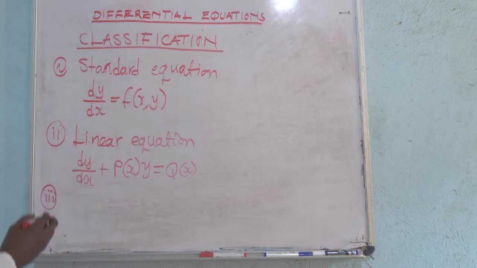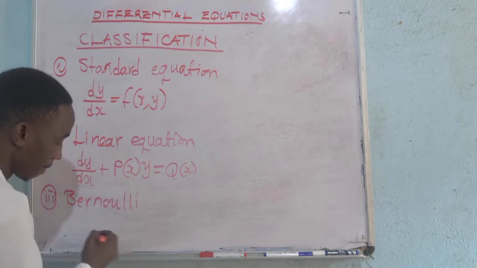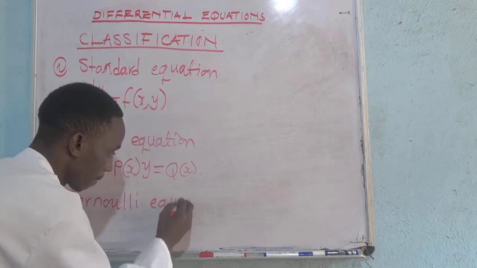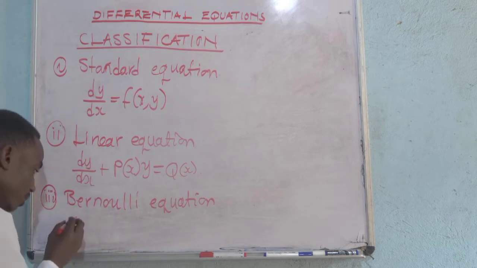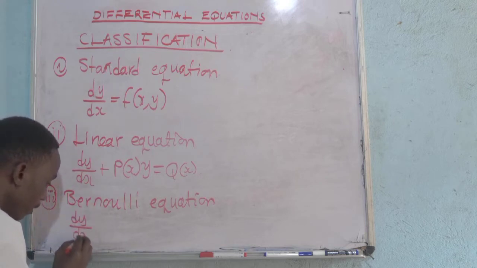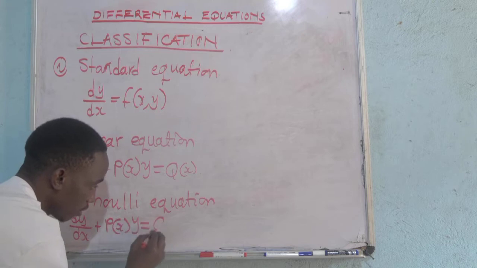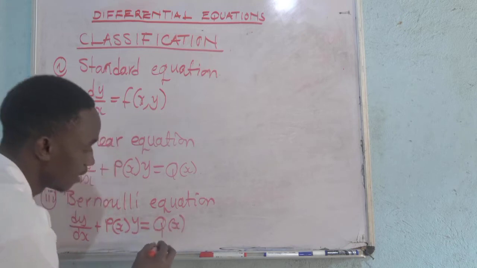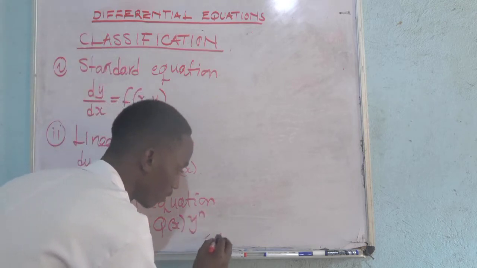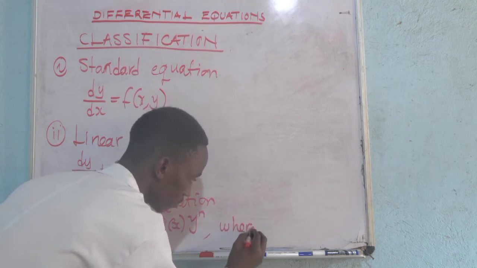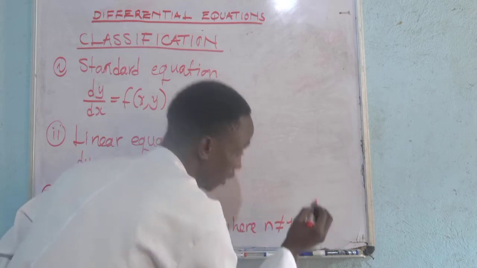And then the third one that we are going to consider is the Bernoulli equation. The Bernoulli equation is one that looks like dy/dx plus p of x multiplied by y being equal to q of x, and this is then multiplied by y to the power of n, where n is not equal to 1 or 0.